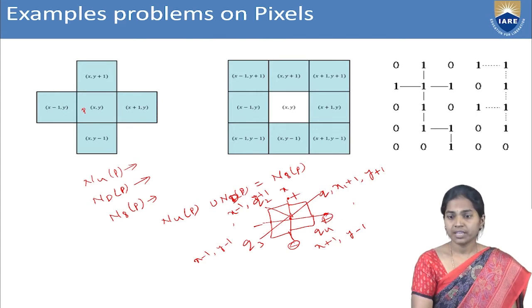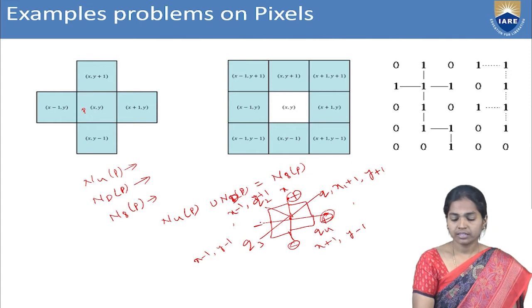Here x is plus and y is also plus, then we write x plus 1 comma y plus 1. From this side, x minus 1, where x is minus and y is plus, then x minus 1 comma y plus 1. From this side, x is minus and y is minus, then x minus 1 comma y minus 1.